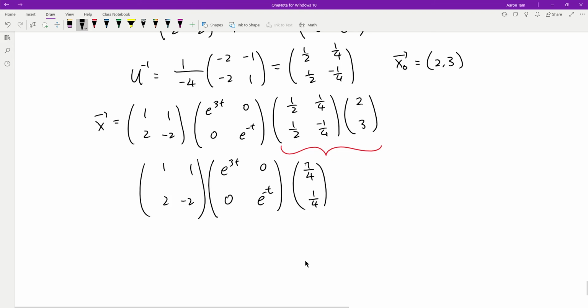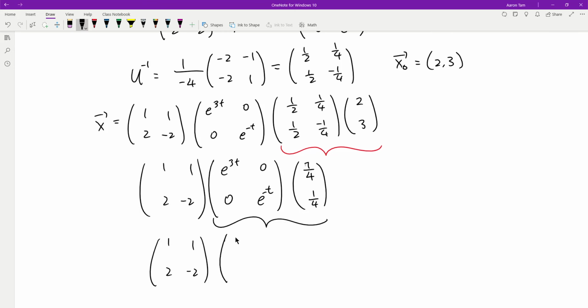All right, now I'm going to multiply these last two together. So we'll keep 1, 1, 2, -2. That's actually pretty simple. That just becomes 7/4 e to 3t and 1/4 e to -t. And now when I multiply this together, I will get this.